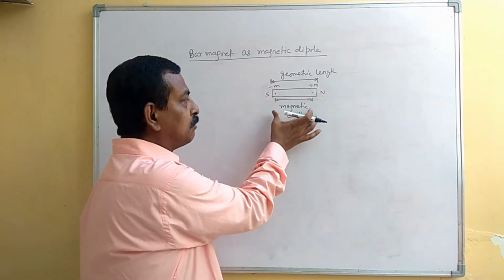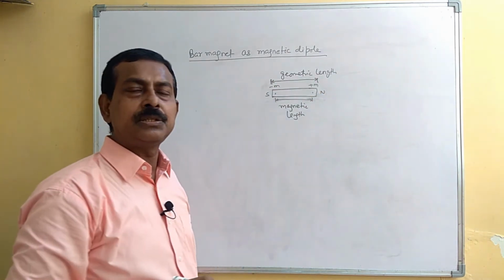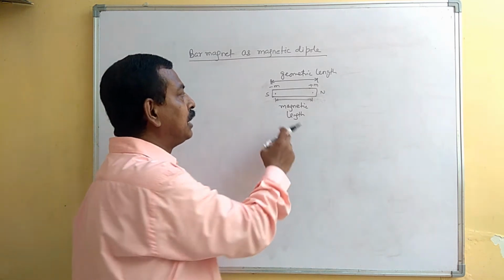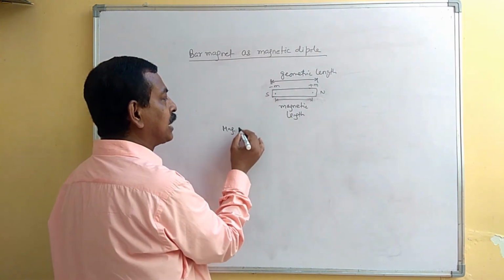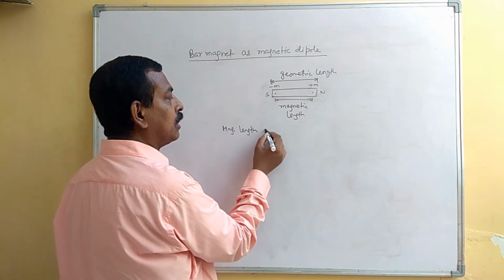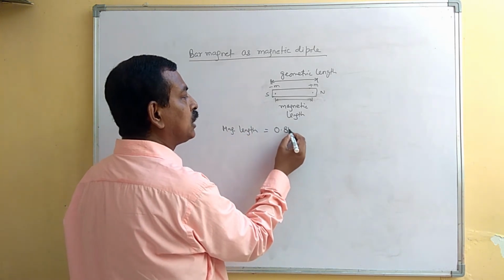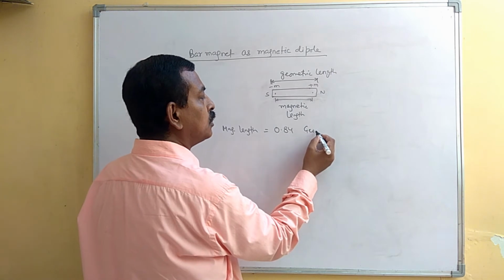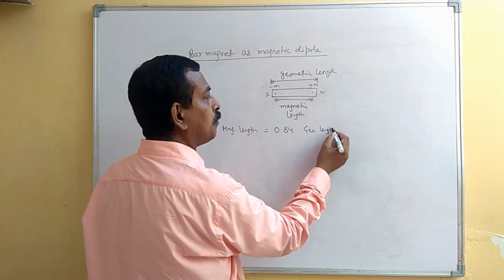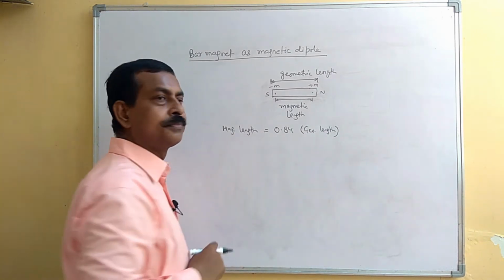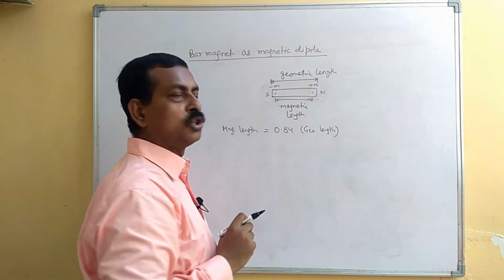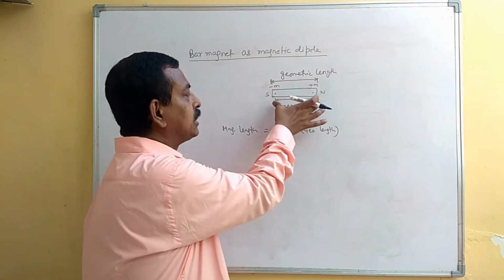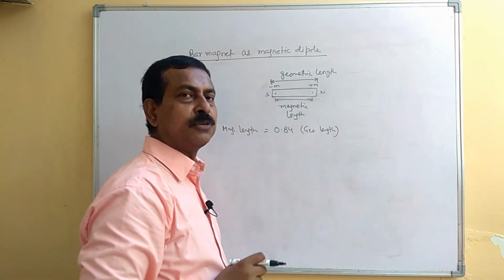Magnetic length is less than geometric length. In fact, the relation is that magnetic length is 0.84 times geometric length. So if the geometric length is 100 centimeter, the magnetic length will be 84 centimeter.